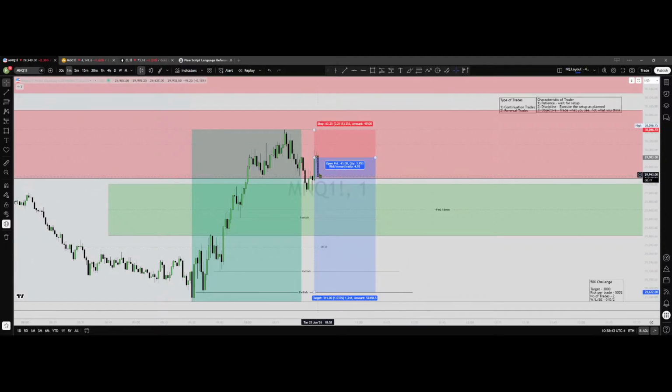I might enter short again here, taking out on this, taking this IFVG.